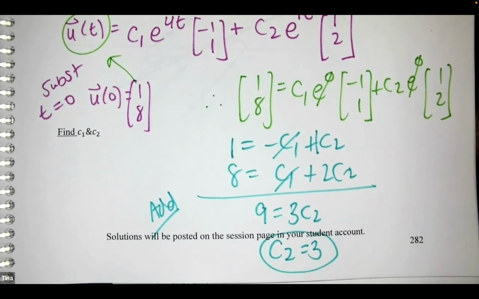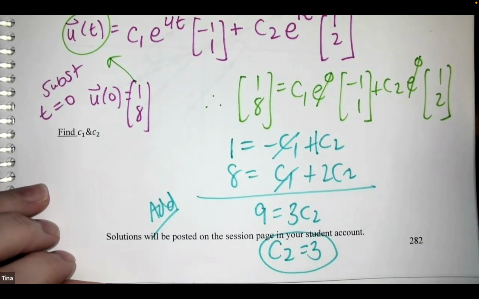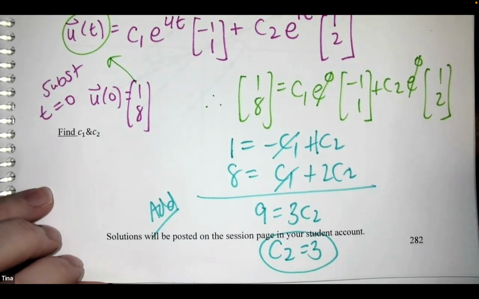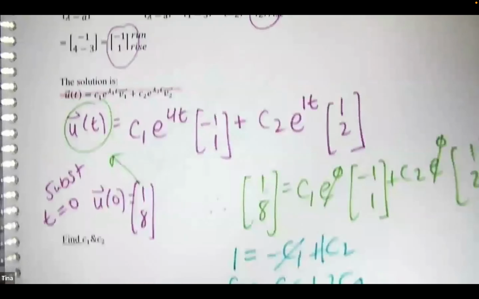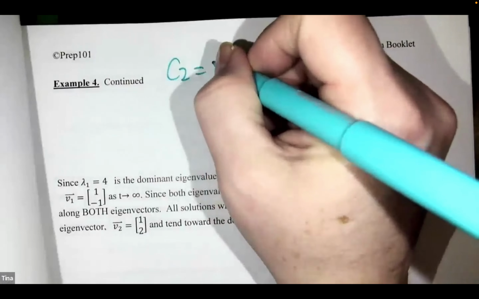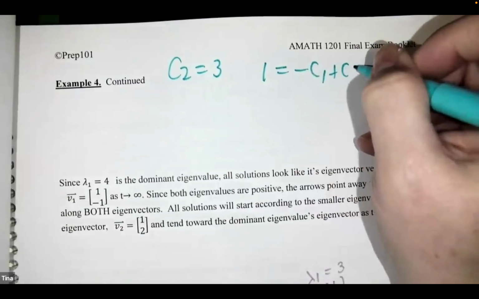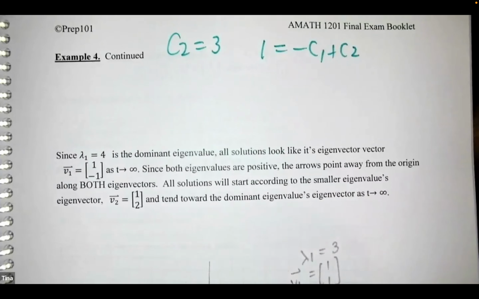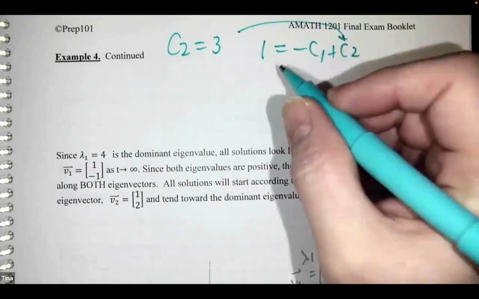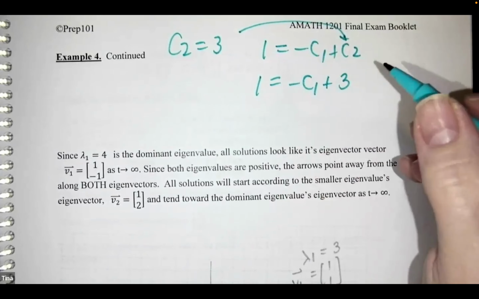And then we can sub that back into either equation to find our C1. If C2 is 3, I'm just going to put it on the top of the next page. Our equation was 1 equals negative C1 plus C2, so 1 is negative C1 plus 3.